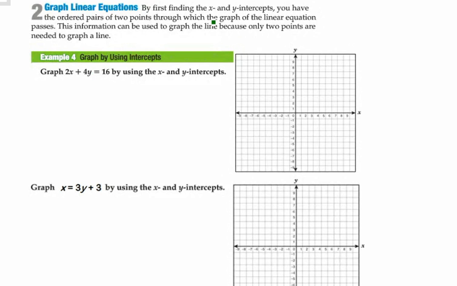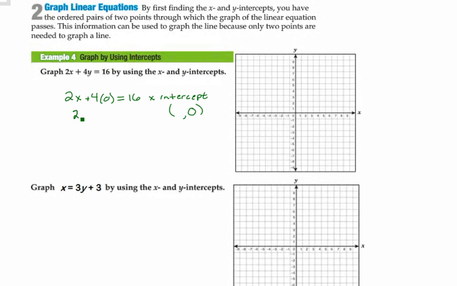So when we look at those x and y intercepts, if I want to figure out that x-intercept, I'm going to plug a 0 in for y. So I'm going to write 2x plus 4 times 0 equals 16. What that's going to give me is the x-intercept. So basically I'm going to figure out the point of when y is 0, what is x?